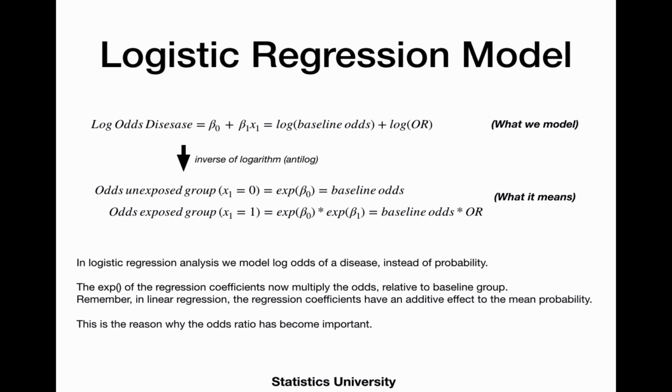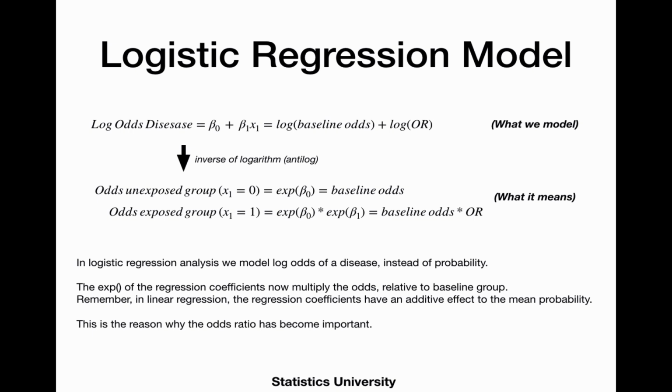Well, that's all nice and all, but our minds struggle with the concept of logarithmic terms. So we want to go from the log odds of the disease towards the odds of the disease. And we do that in the two groups separately, the odds in the unexposed group and the odds in the exposed group.